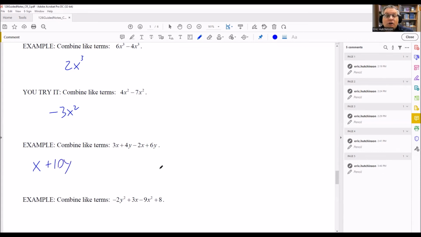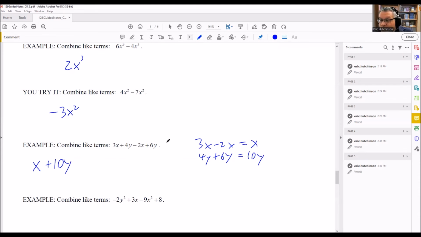So that would be your answer. You can kind of think of it as doing these separately. If you'd like to write this out separately, do 3x minus 2x equals x, and then 4y plus 6y equals 10y, and then put them together with a plus. You can do that as well.